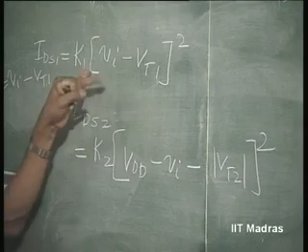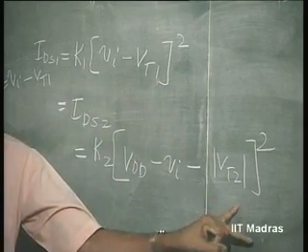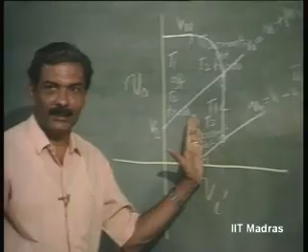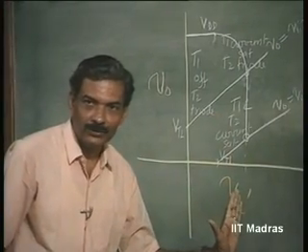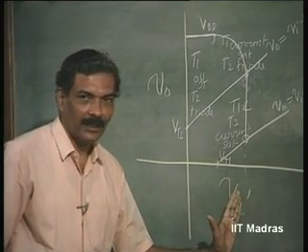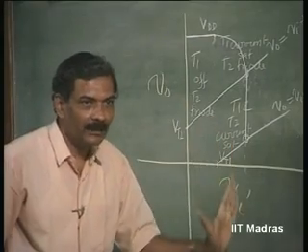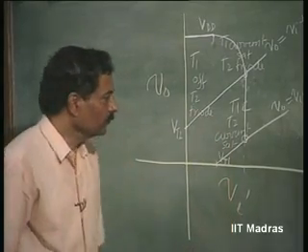If K1 equal to K2, Vt1 equal to Vt2, this transition will occur exactly at Vdd by 2. That is the ideal inverter characteristic, where the transition from high to low occurs exactly at Vdd by 2.